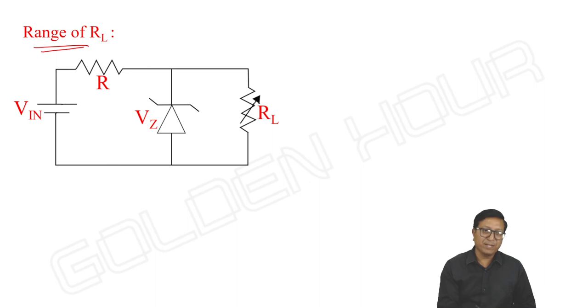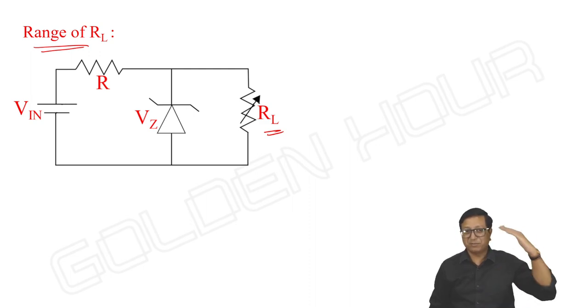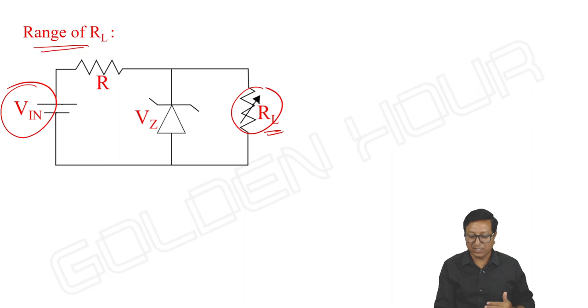Now I am keeping input constant and varying RL. So what about the range of RL? Next case, I vary both input and RL and see how the circuit maintains constant voltage across RL. We'll see that. Next we vary this R also. These are all various cases they are asking, nothing else. It's a very, very simple circuit and the calculations are also dead easy.